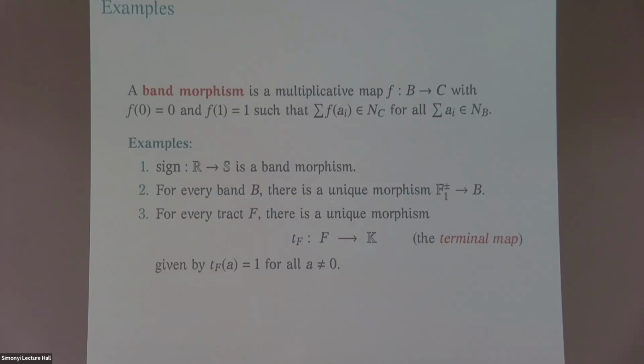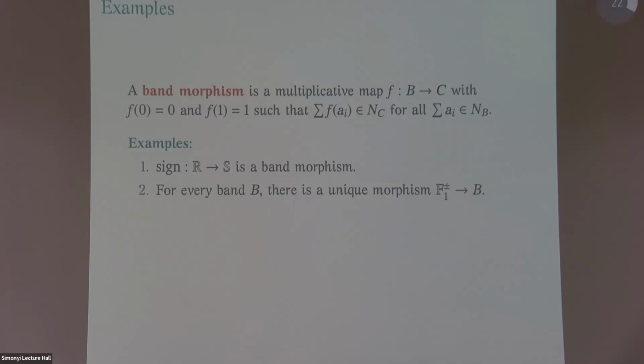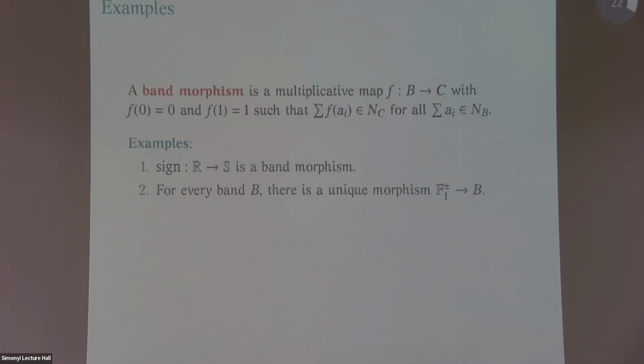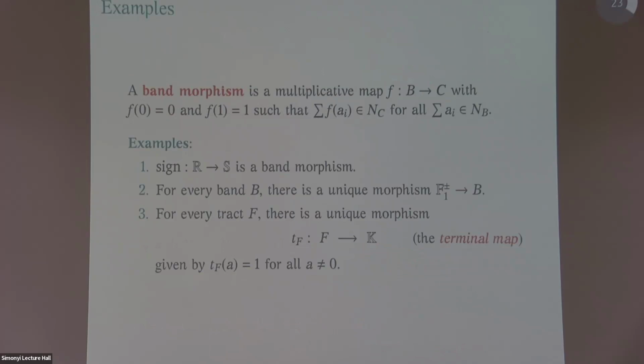How do you know there is a negative of 1? This is one of the axioms of bands: for every A, there's -A. So -1 could be equal to 1 in particular, which is the case for these two.